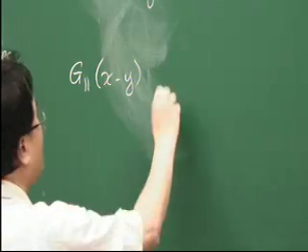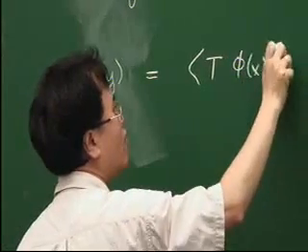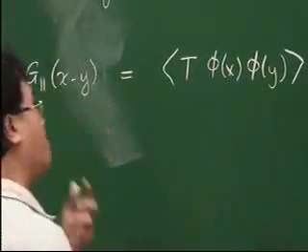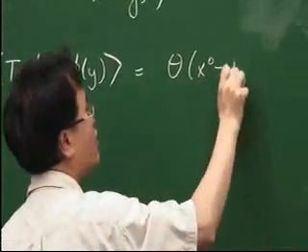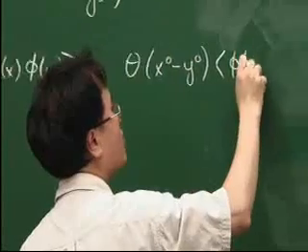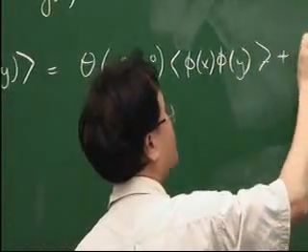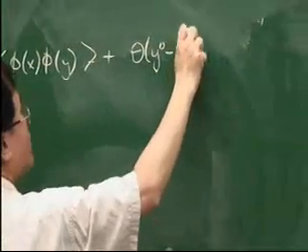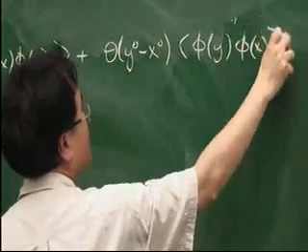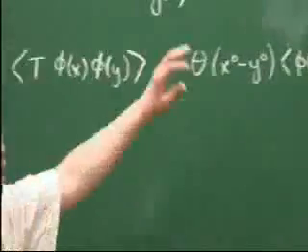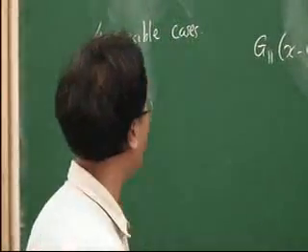Then this is simply the usual time ordered product of phi x and phi y, which means theta of x naught minus y naught, phi x, phi y, plus, for a bosonic field, theta of y naught minus x naught, phi y, phi x. It is the usual propagator, except that this average is now over a thermal ensemble instead of the vacuum.